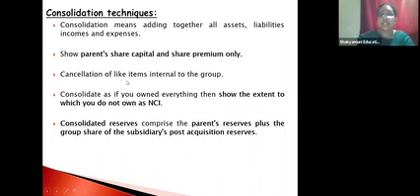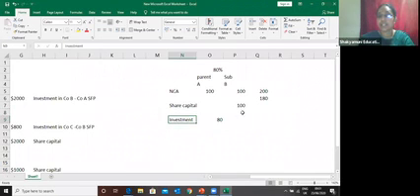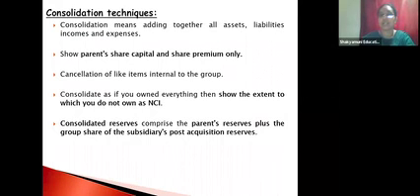Next, cancellation of like items internal to the group. That means we would have transactions between parent and subsidiary. Purchases, sales, all these transactions have to be cancelled. Like how we cancel investment against share capital, there could be a purchase in the parent and a sale in B. That means A purchased goods from B. That elimination we also have to do, and we will discuss it in depth in our next slides.